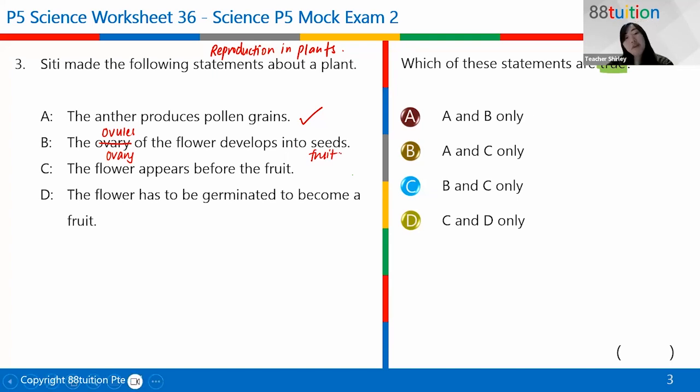The flower appears first. Just to be a bit more careful, let's check all the statements. The flower appears before the fruits. Is that true? Yes. Okay, the flower has to be germinated to become a fruit.